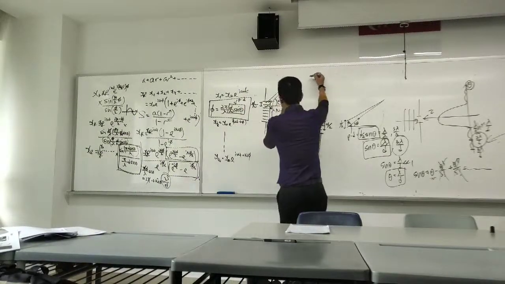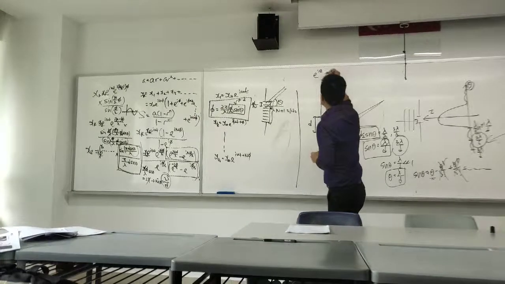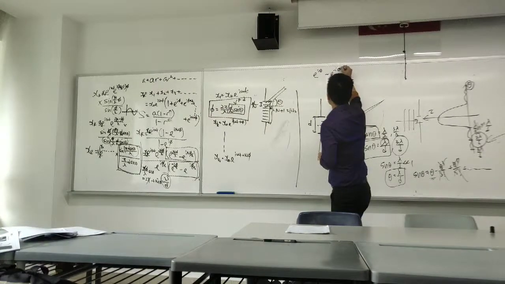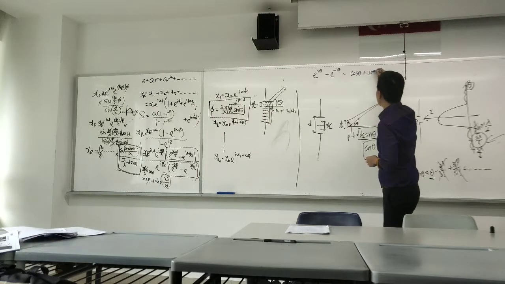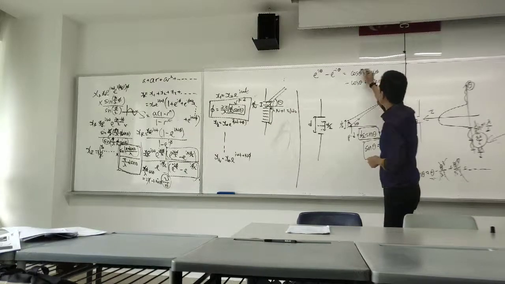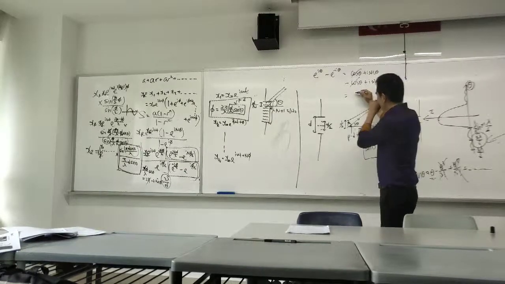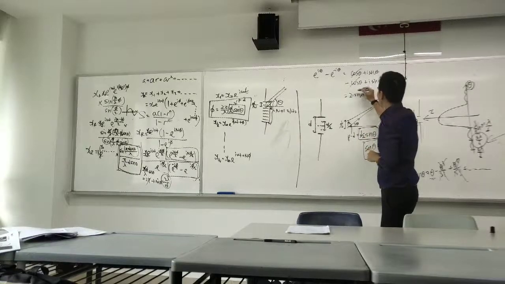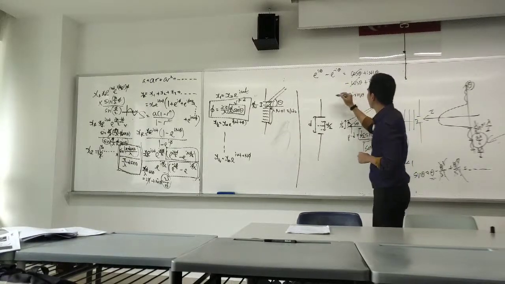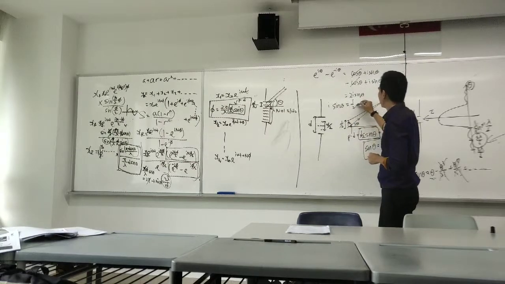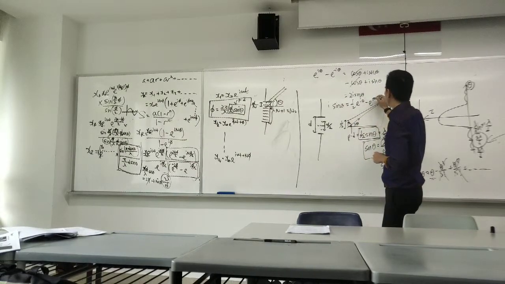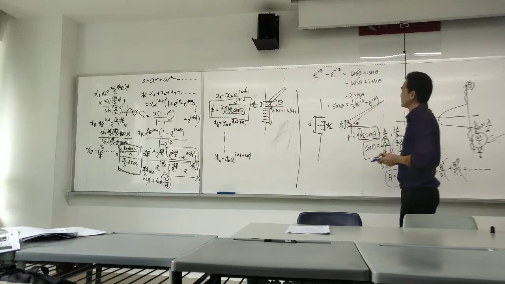The idea is that e^(iθ) minus e^(-iθ) is equal to cos θ plus i sin θ minus cos θ plus i sin θ. So this cancels out, which is actually equal to 2i sin θ. Then you divide by 2. So i sin θ is equal to half of e^(iθ) minus e^(-iθ).